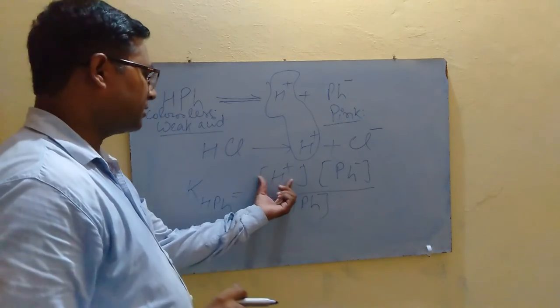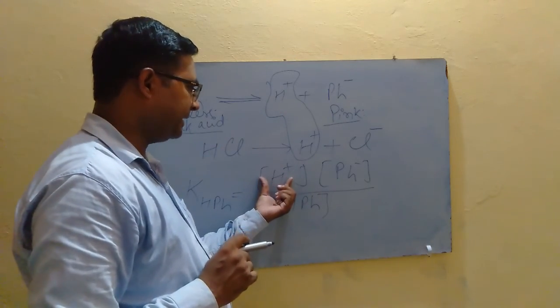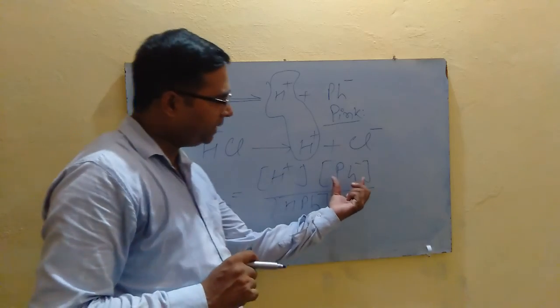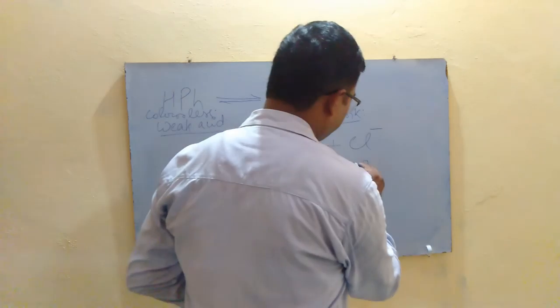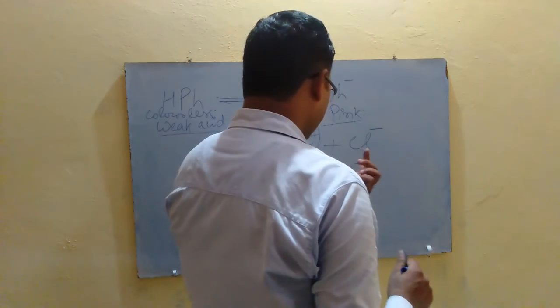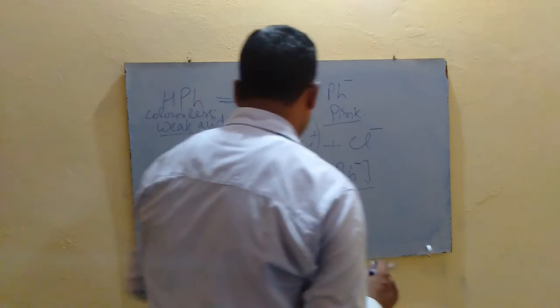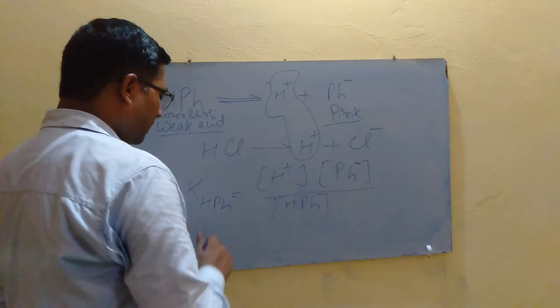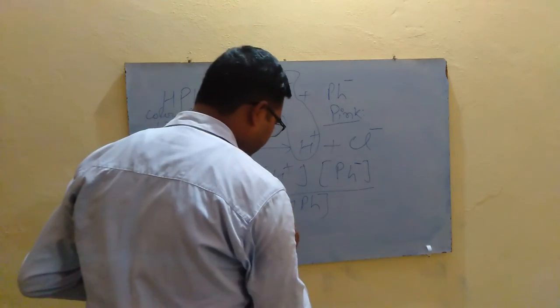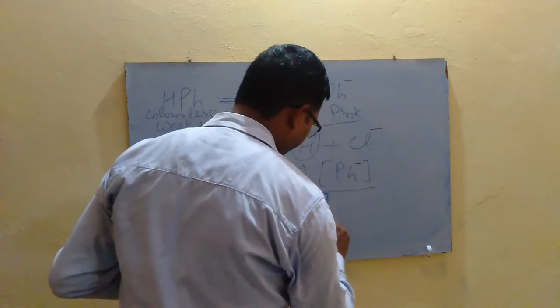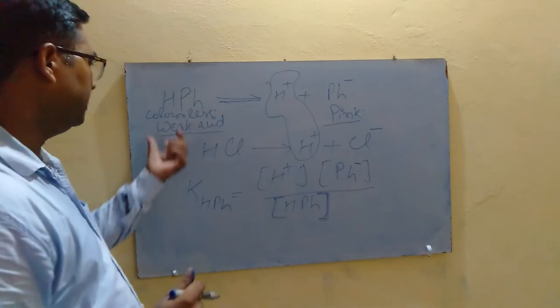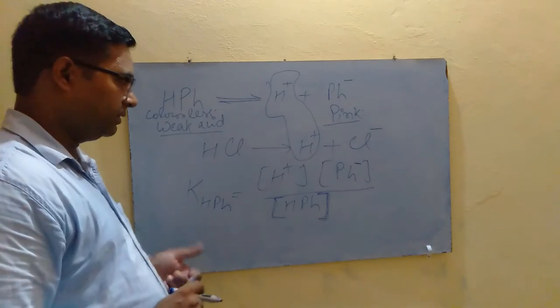As the concentration of H plus in the solution increases, the concentration of Ph minus, means ionized molecule of HPh, will decrease, and therefore the color of HPh, means unionized molecule color, will be prominent in nature, and therefore it will be colorless.